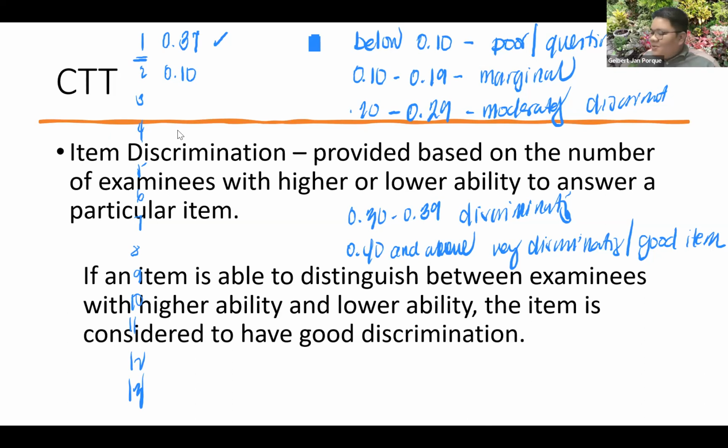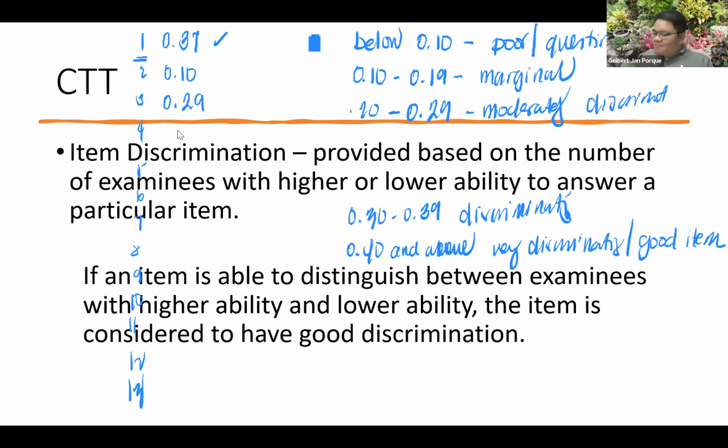Now, if I go to item number 3 and the discrimination index is 0.29, it says you're moderately discriminating. So meaning, class, somehow it can predict. Halimbawa, kapag si Aliyah, correct siya sa item number 3, I can say na siguro understood ni Aliyah yung topic, or baka hindi niya rin understood kasi moderately discriminating siya.